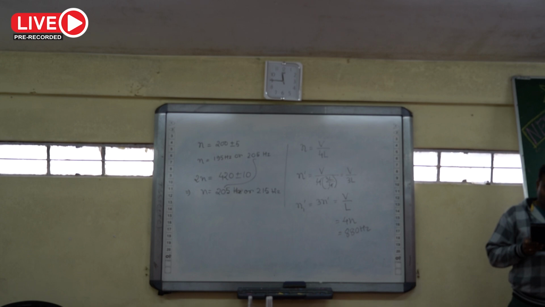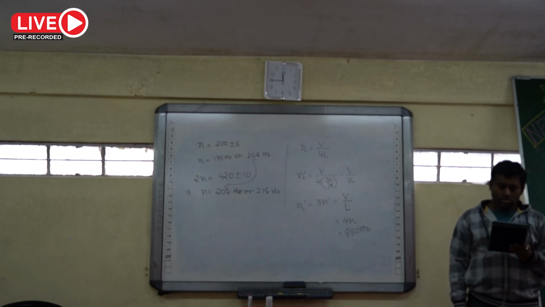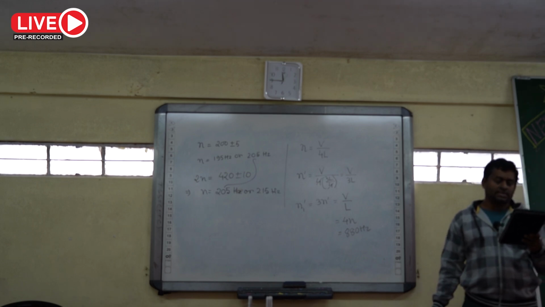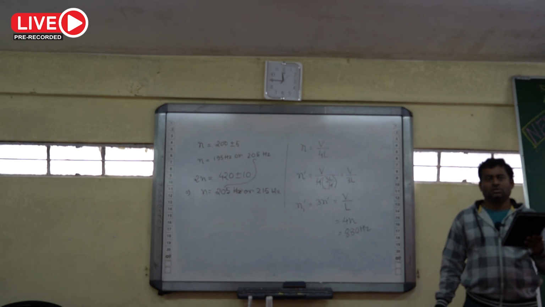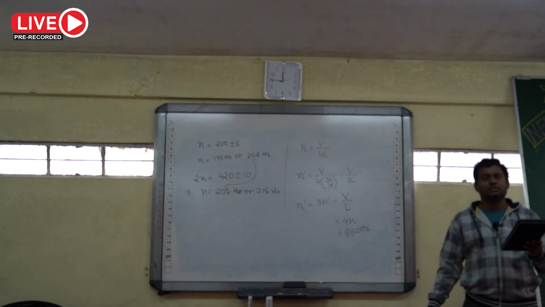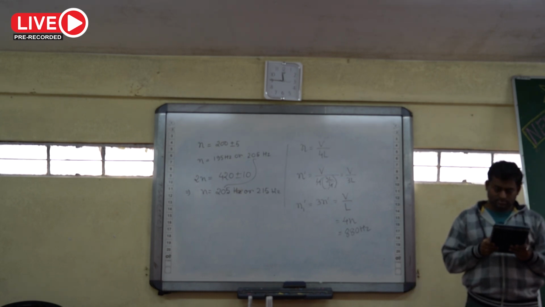What is the length of the open organ pipe? Option A, 80 centimeter; option B, 100 centimeter; option C, 120 centimeter; option D, 140 centimeter.